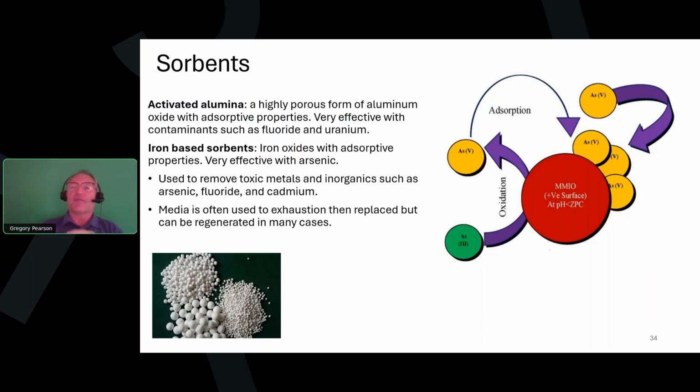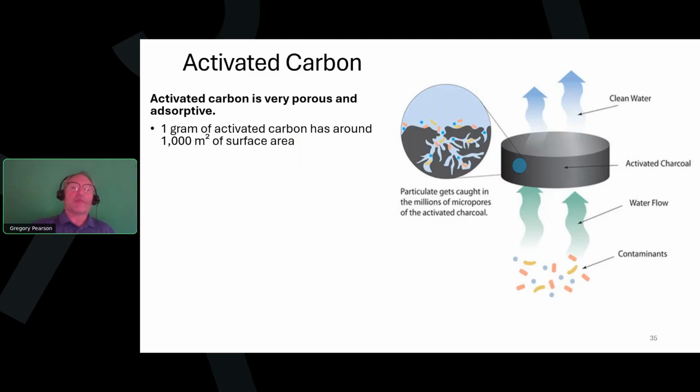So they oxidize it first to convert it to a different type of arsenic, which they call arsenic 5, which has a positive charge. And then it can adhere to the absorptive iron media. And so it adheres, which is adsorbing, and then it can remove the arsenic from the drinking water.